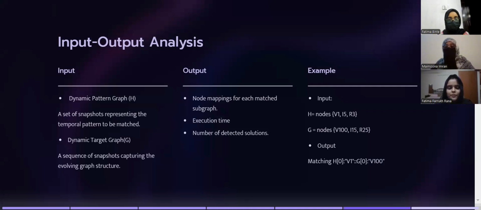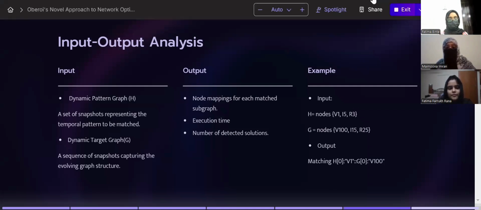Okay, so the code takes two inputs, a pattern graph H and a target graph G represented as snapshots, where each snapshot contains nodes and edges. The code outputs the matched subgraphs, node mappings, and execution time. For example, if H includes nodes V1, I5, and R3, and G contains nodes V100, I15, and R25, the code maps each node from H to G while maintaining the order in which the snapshots occur over time.